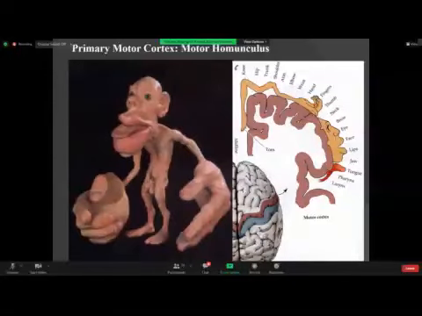Now, over here you see the primary motor cortex. As we looked at it again, what you can see is that we have significant areas given to the part of the body that is playing a role in its function.